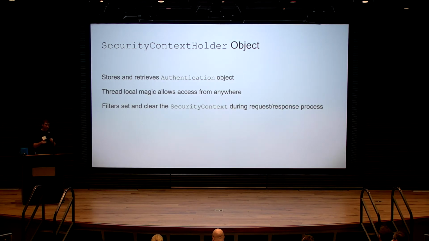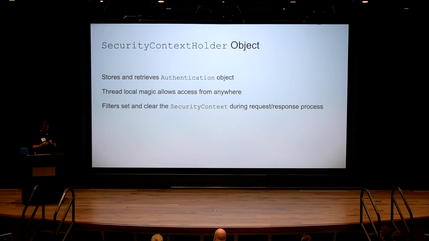The second key piece is this notion of the security context holder. This is how your user and their browser is making dozens upon dozens of requests to Gate, and each one of them is being locked into your user, and your user is only able to see what is coming back, so that no two sessions are crossing the streams.